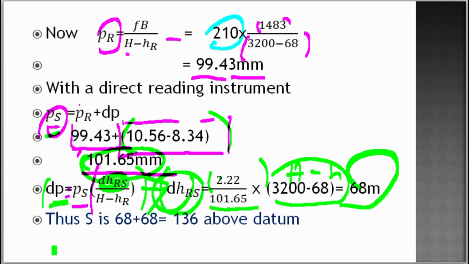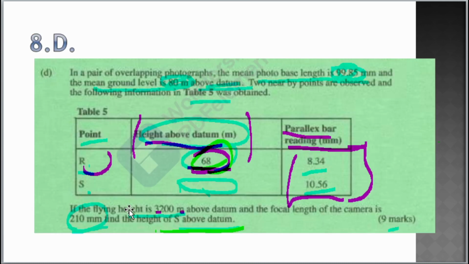In order for us to find the height of S above datum, we are going to add the difference. The difference between these two is 68. I'll add the 68 to the height above datum of R that was already there, and that will give me the height of S above datum.